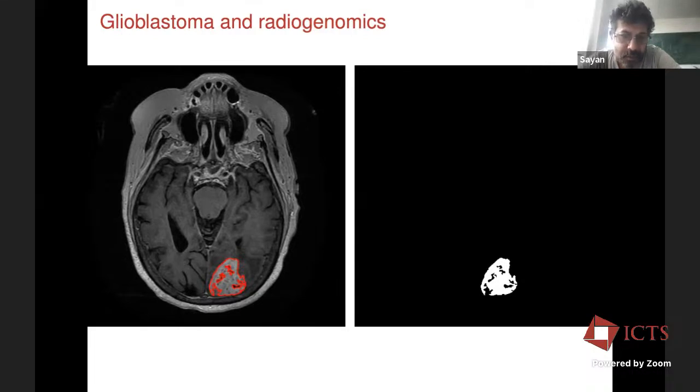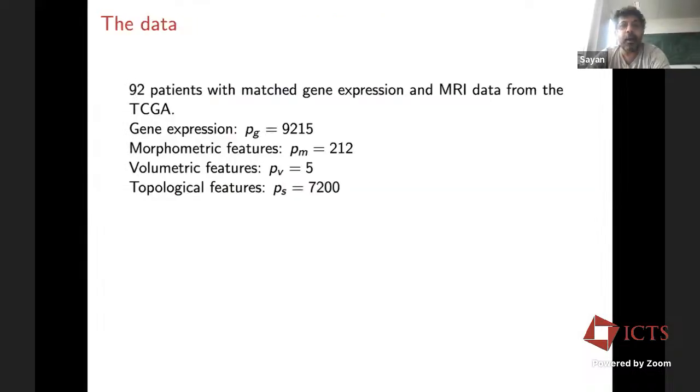So we have algorithms, we have code that first takes a brain and resects the glioblastoma. Okay, and what we're going to look at now is a case study, an example, where we have 92 patients and they have matched MRI data from the Cancer Genome Atlas.